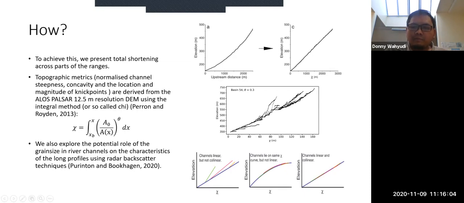So what is collinearity? It's where the trunk channel and the tributaries are aligned with each other. If you look here, some channels are below the trunk channel, which shows that the concavity is too high here. But it's almost collinear here in the upstream, which means that the concavity matches in this part of the channel.